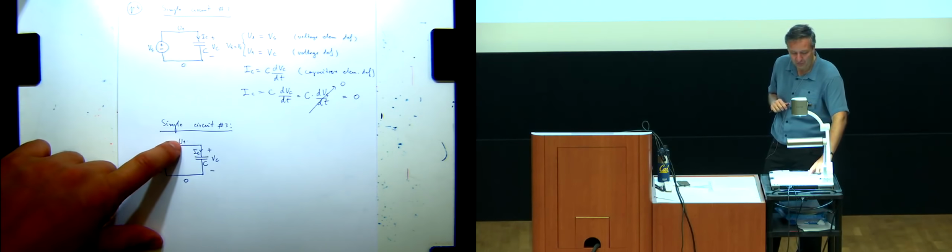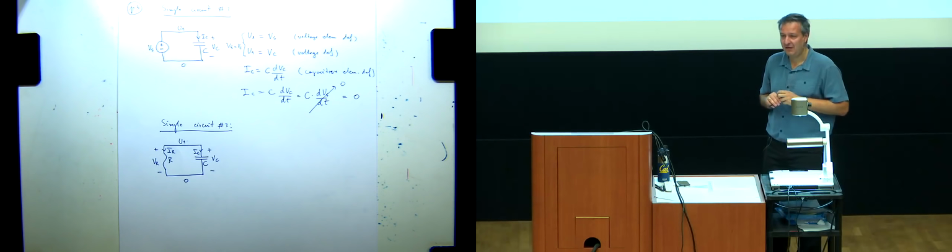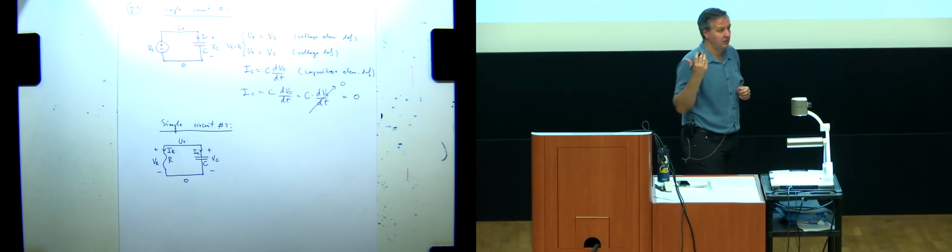Why is this voltage equal to 0? I have to admit it's a trick question, okay? Because it's not always equal to 0. It's only equal to 0 in some special... So, yes?